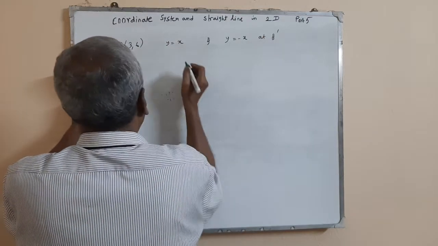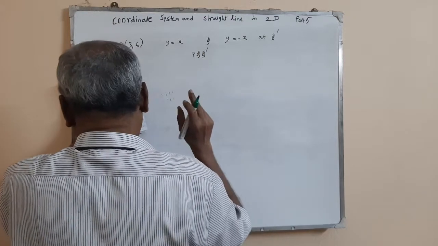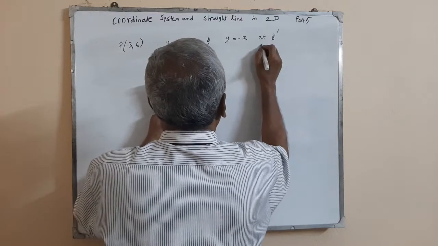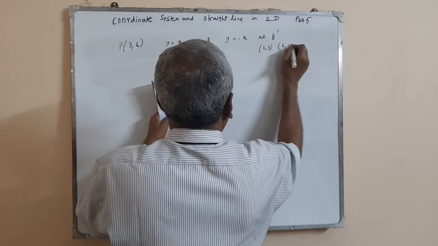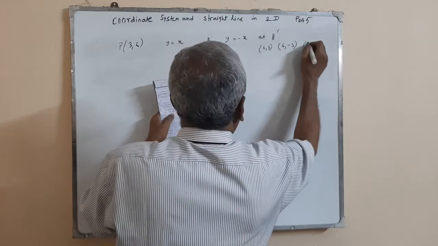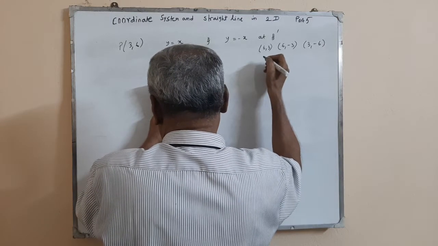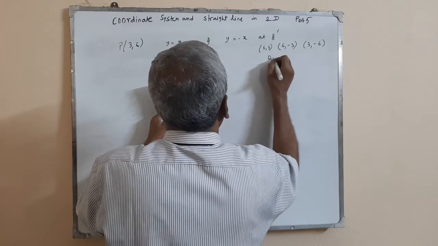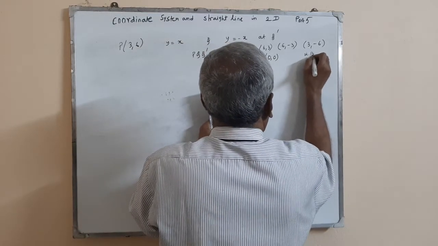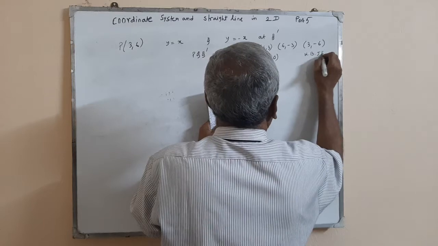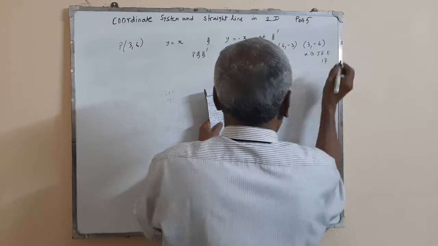Then the circumcenter of PQQ dash is: 6, 3; 6, minus 3; 3, minus 6; or 0, 0. It is given in West Bengal Joint Entrance Examination 2017.